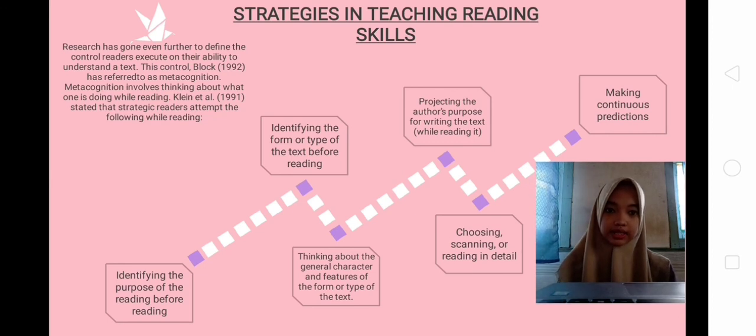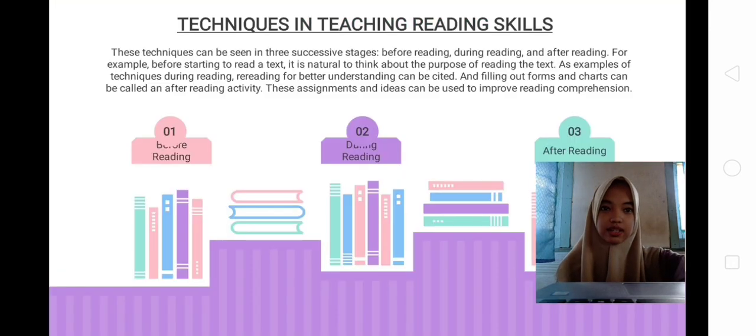For the first, identify the purpose of the reading before reading. Next, identify the form or type of the text before reading, and think about the general characteristics and features of the form or type of the text. And next, project the author's purpose for writing the text while reading it, and choose scanning or reading in detail. And the last, make continuous predictions.